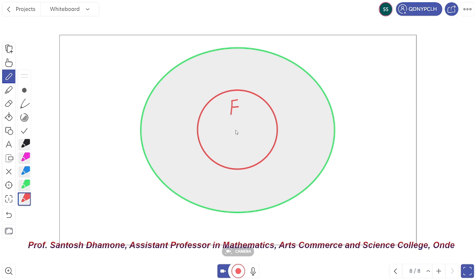Let X belong to the open ball about P with radius R. This implies that the distance between X and P is less than r.